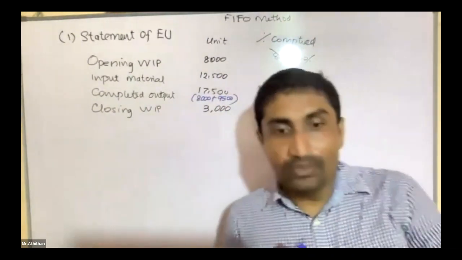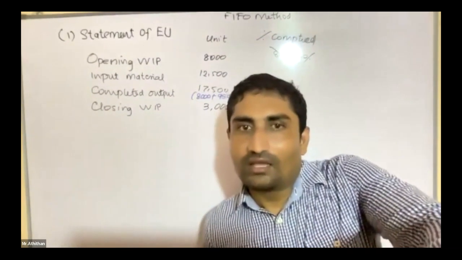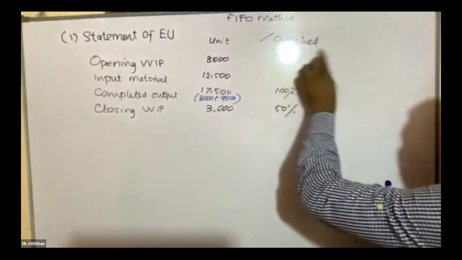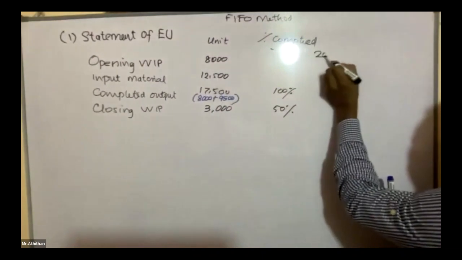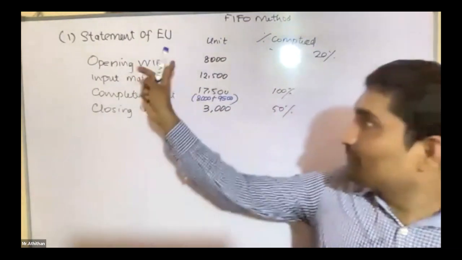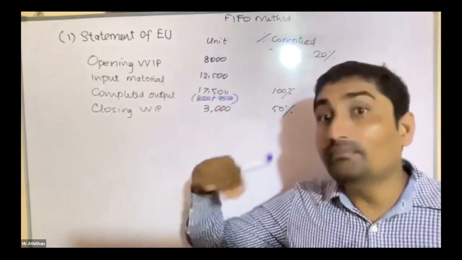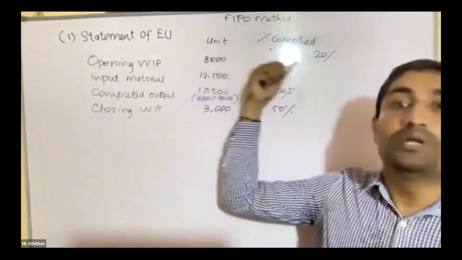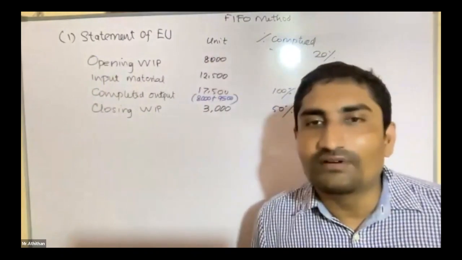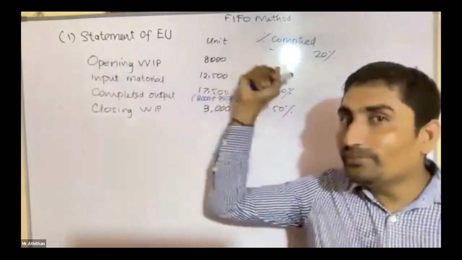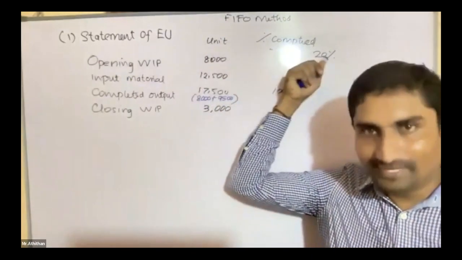Right? So last time 80% completed. ஞாபகம் வச்சிருக்க வேணும், கடந்த கால பகுதியில 80% complete ஆகி வந்தது. So இன்னும் 20% நாங்க complete பண்ண வேணும். Last time 80% was completed. Another 20% we are completing this time.